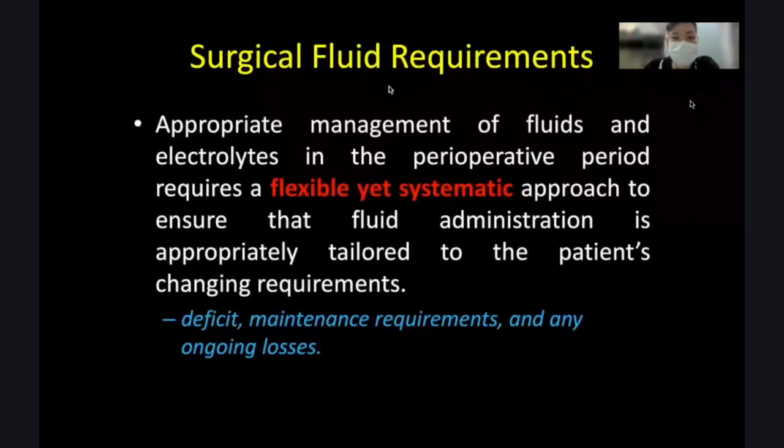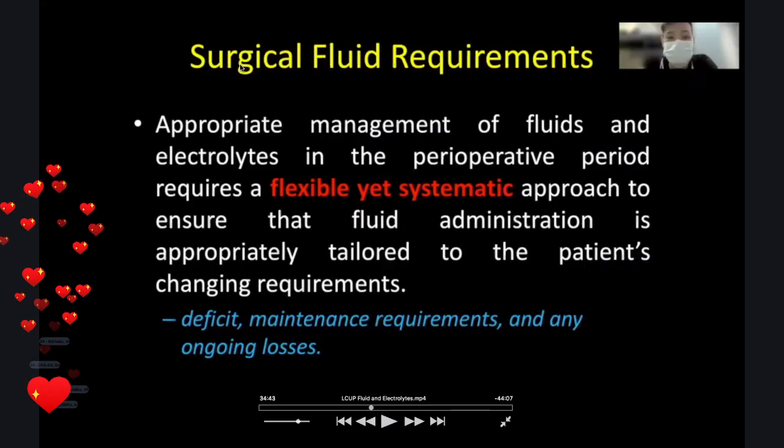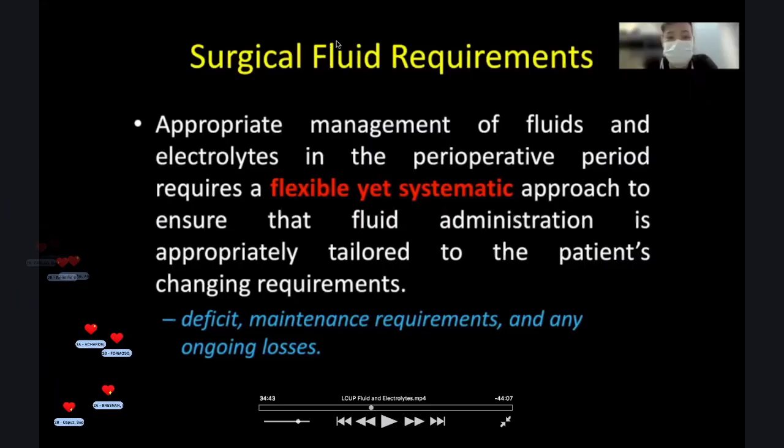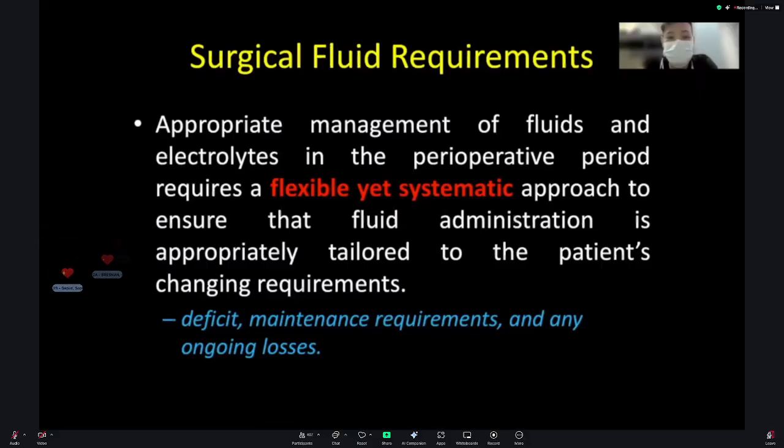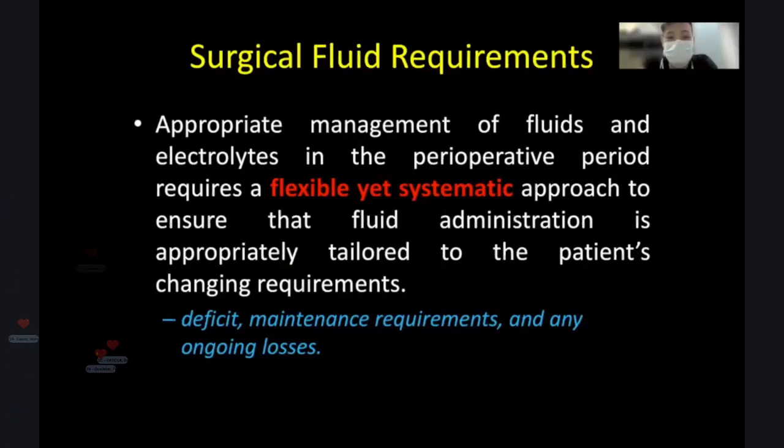So before we proceed with the surgical fluid requirements, we'll have a break. Okay, break muna tayo guys. 5 minutes. Is that okay with you or you want to continue? Anyone? No response. So be back. We'll continue after 5 minutes.